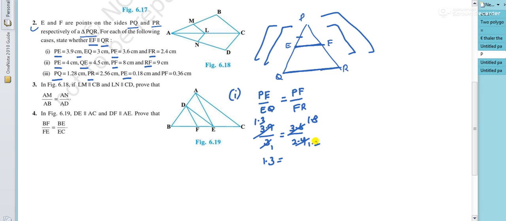Now again they are divisible by 2, so 0.6, and here you will get 0.9. Now again divisible by what? 3. So 0.2 and 0.3. So this is 0.3 by 0.2, which is not equal to the LHS. So we can say that EF, in this case, is not parallel to QR. You can directly write that. Okay.